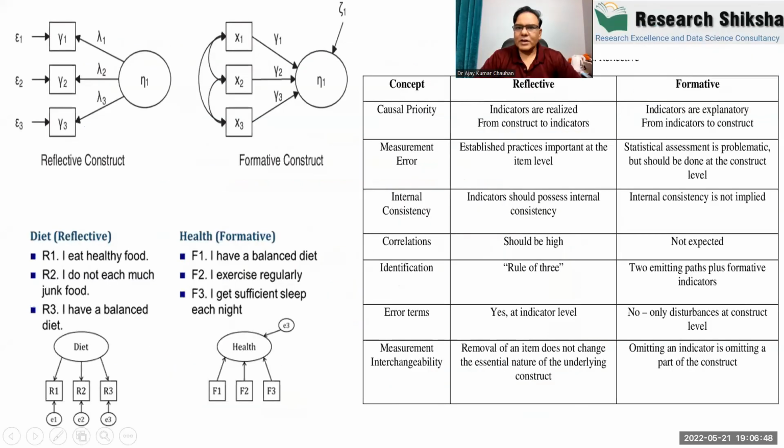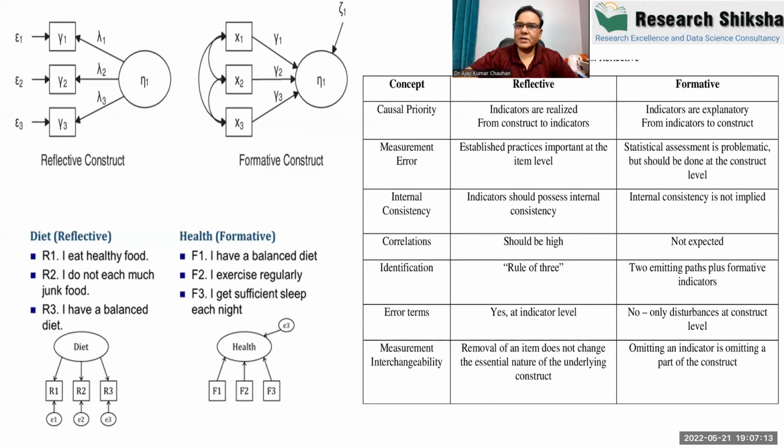Now there are some basic differences between the reflective and formative construct. So I'm writing all the differences here. The first point, causal priority, is clear. In reflective, the construct has the impact on items.